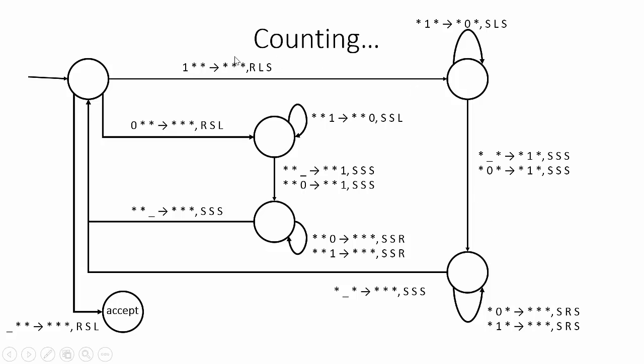Over here you can see that if we see 1 on the first tape, we move right, meaning we advance our input, and we engage our second tape to record the number of ones.